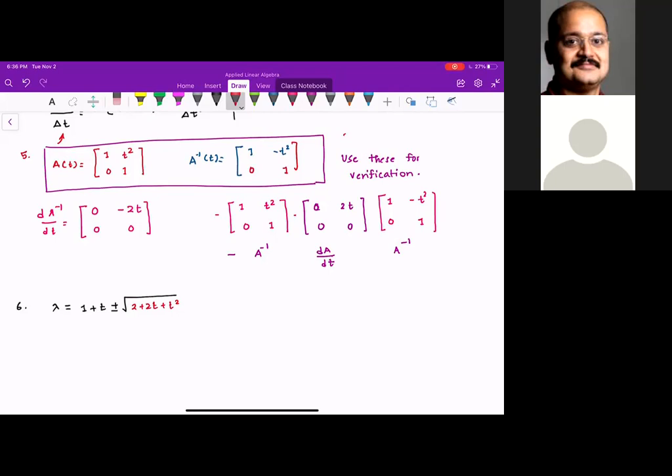No, you need to find those values at t is equal to 0. You can substitute t is equal to 0 and then get the values. No worries. So that's what I wanted to tell you. That long expression, substitute t is equal to 0 and you will get a small expression.